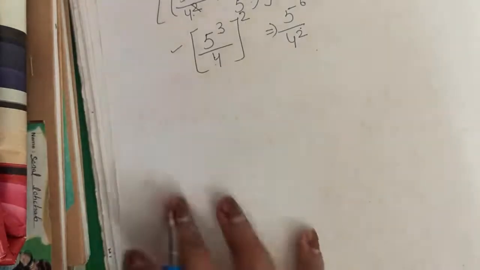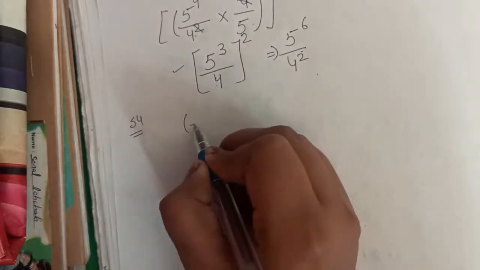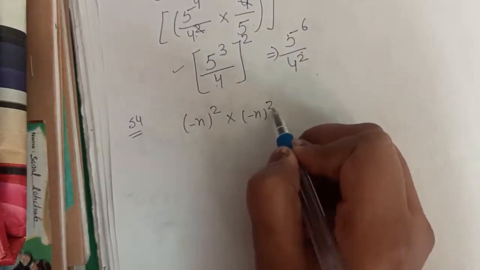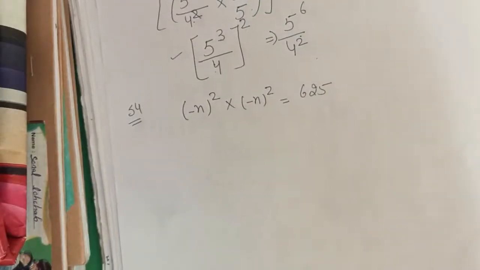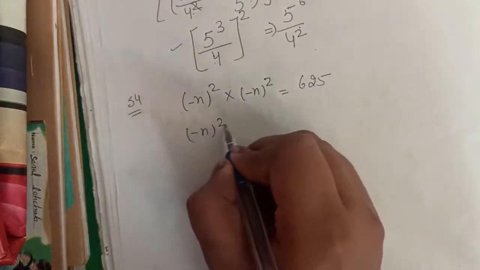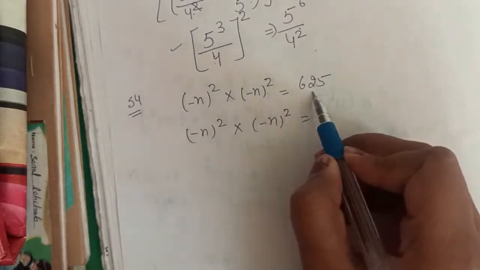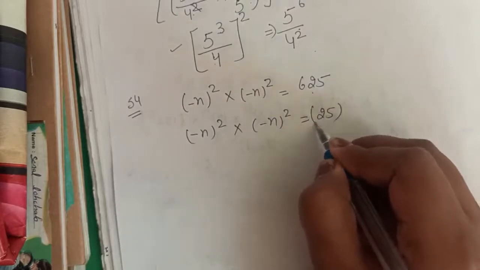Clear that one? Now come to the next question, that is S4. Find the value of n in this expression. The expression is like this: minus n to the power 2 multiplied with minus n to the power 2 equals 625. So students, we can write this as minus n to the power 2 multiplied with minus n to the power 2 equals, this can be 25 to the power 2.